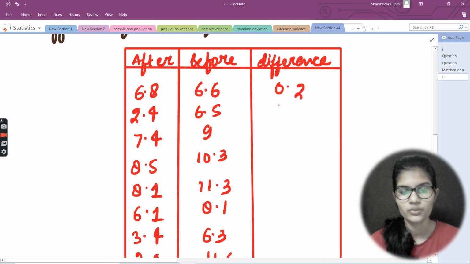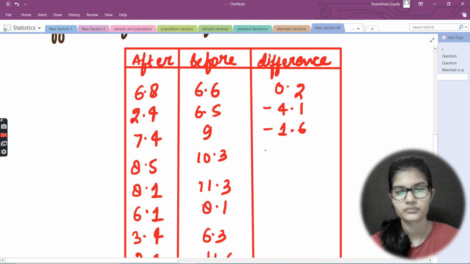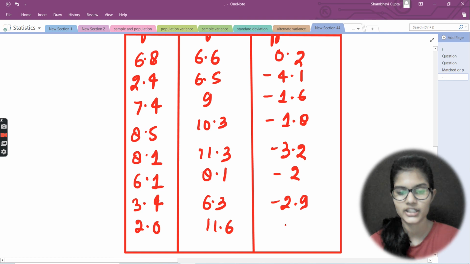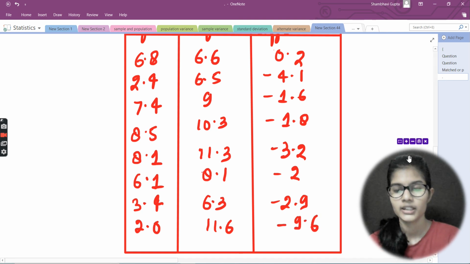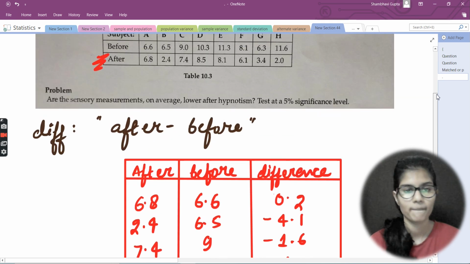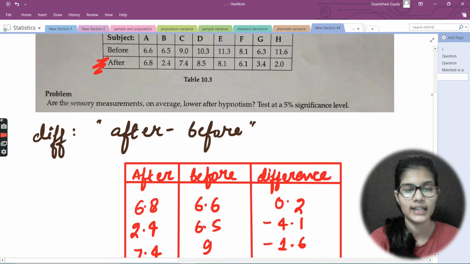So here it is 0.2, then minus 4.1, minus 1.6, minus 1.8, then minus 3.2, minus 2, minus 2.9, and at last minus 9.6. So these are the differences I have here, and my table is now made.